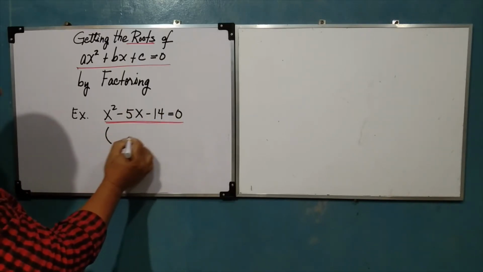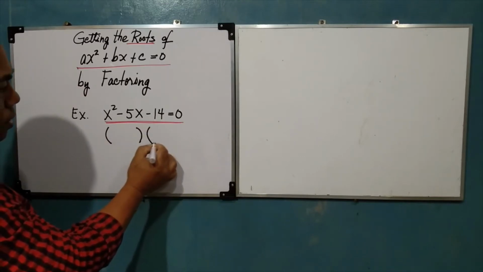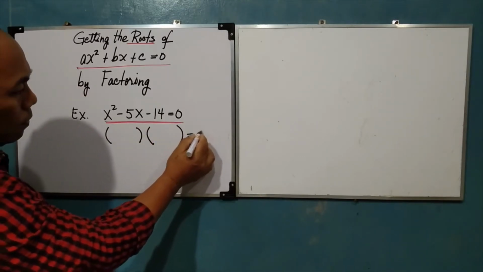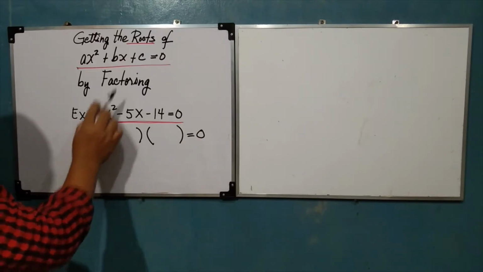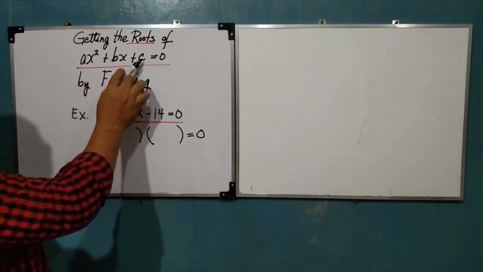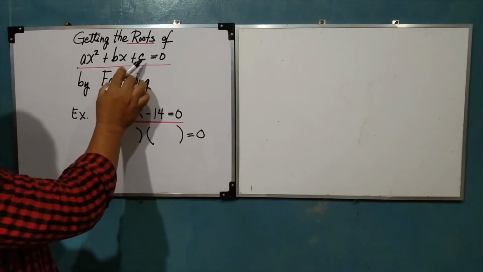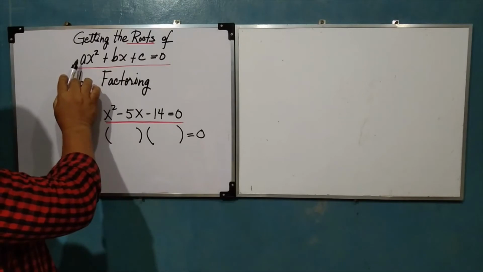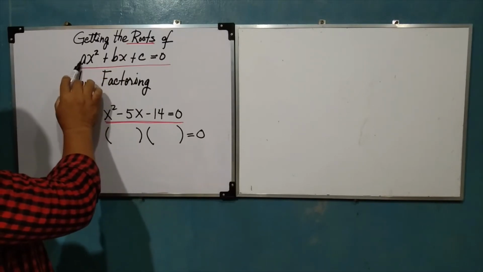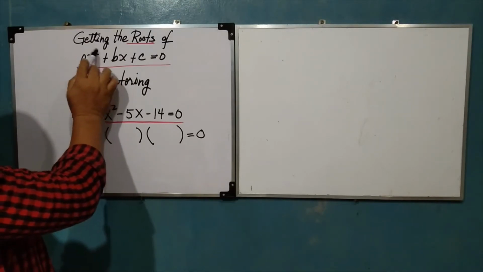First, I have to make this. With the a value, remember that this a, b, and c are real numbers, and this a cannot be equal to 0 because if this is equal to 0, this term becomes 0.